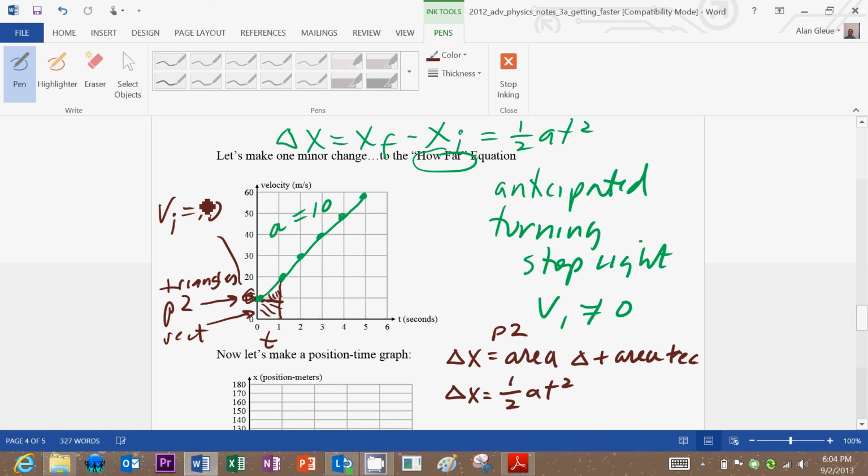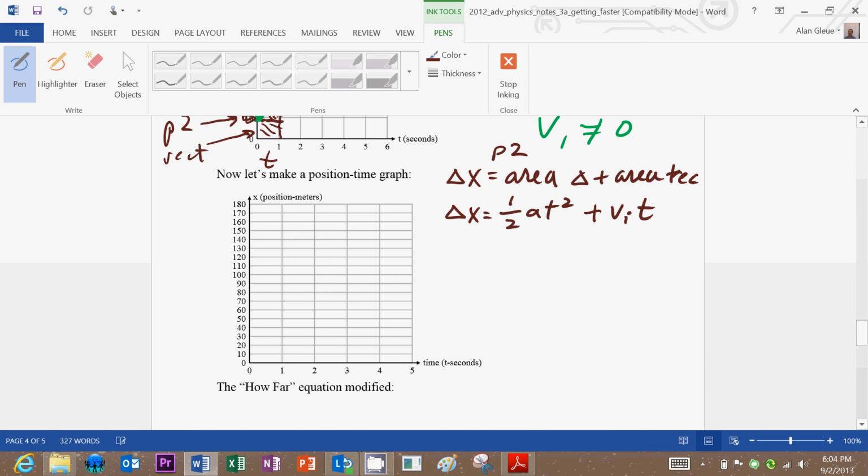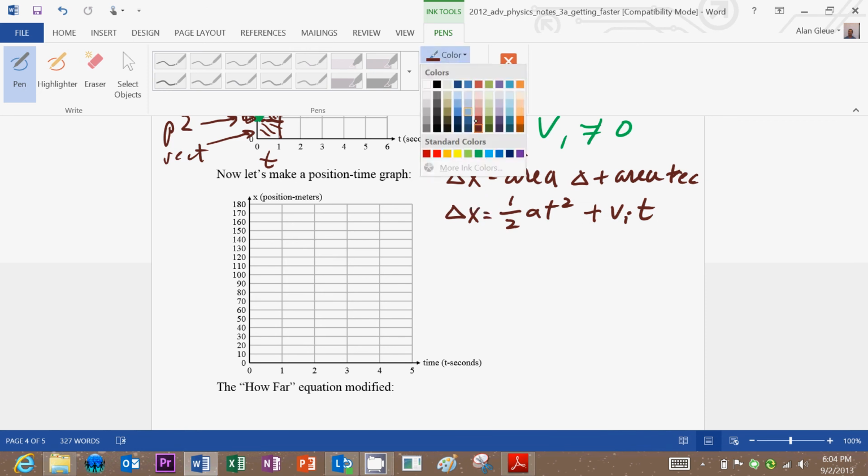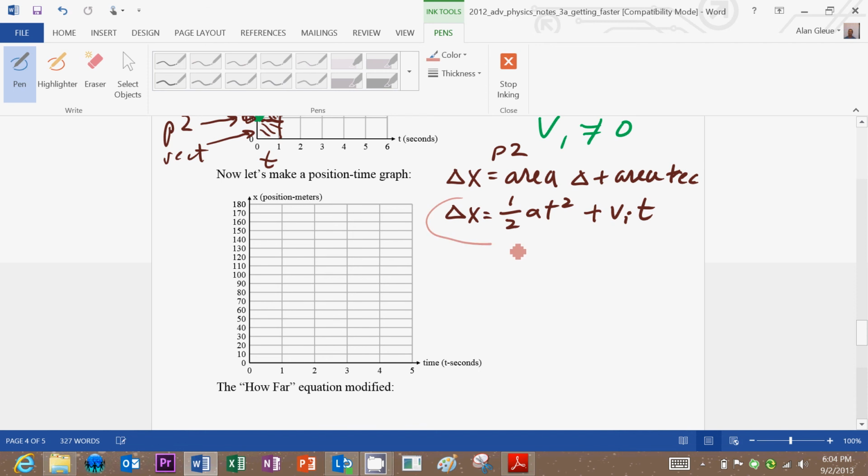So that was the initial speed I had when I anticipated the turning of the stoplight. So what I can do is write vi t, and that represents the area of the rectangle. Let me give it a big circle here, in a different color. This represents the complete how far equation.